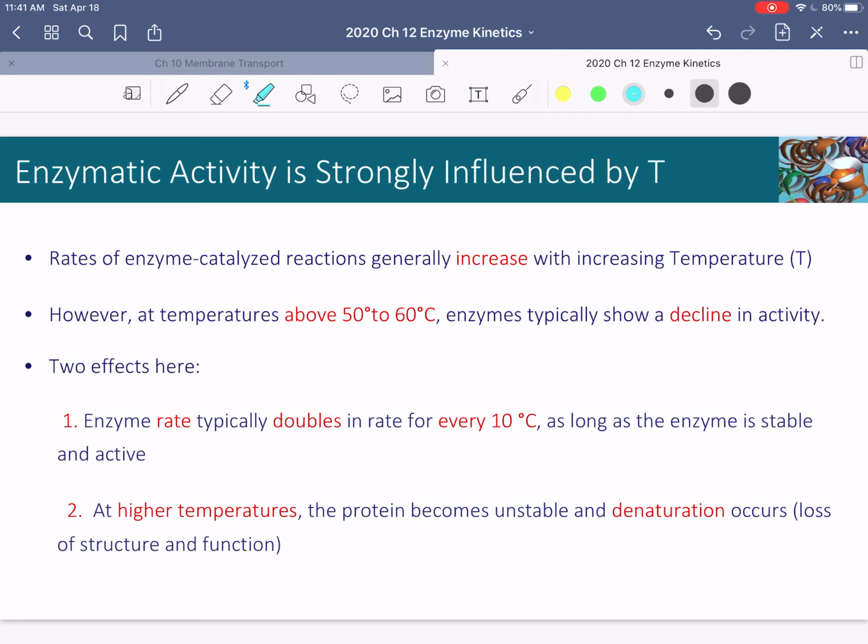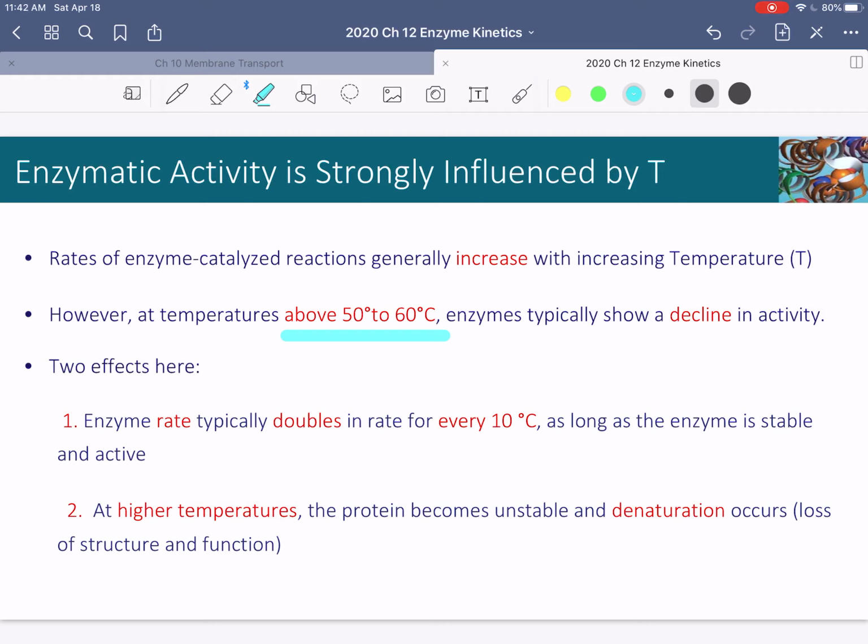So you can increase the rate of catalysis with increasing temperature, but at temperatures that are higher, say above 50 to 60 degrees Celsius, typically, or it really depends on the stability of your protein, you see a drastic decline in enzyme activity. So we're looking at two effects of temperature.